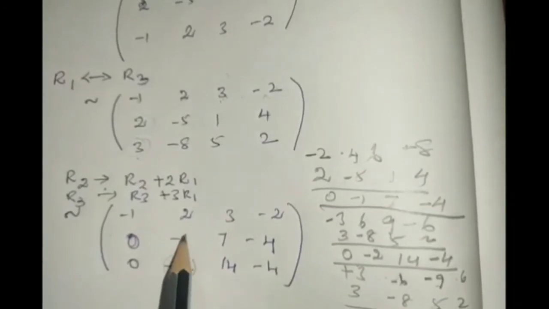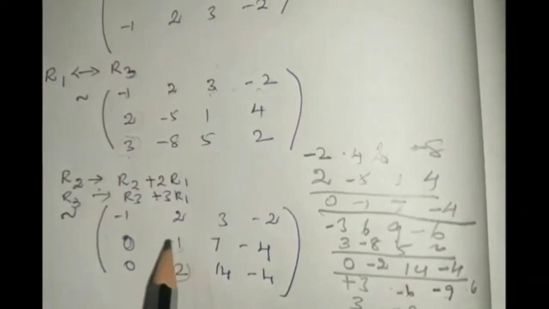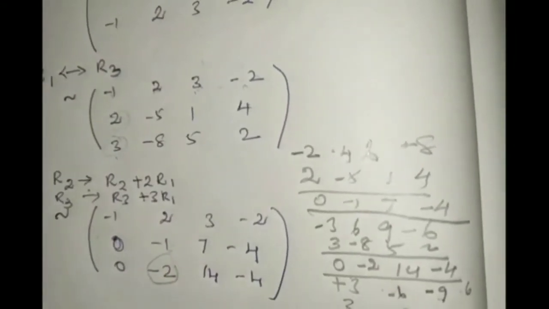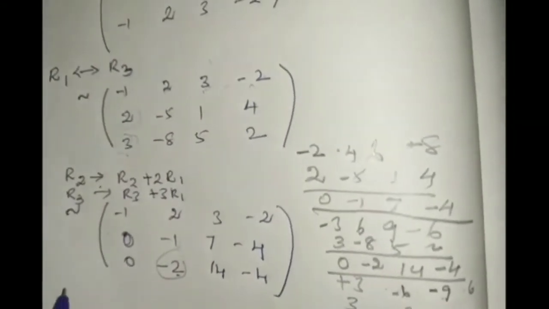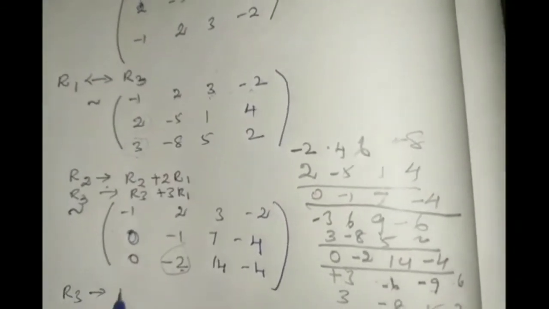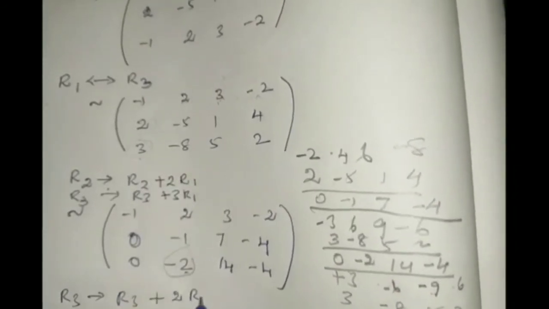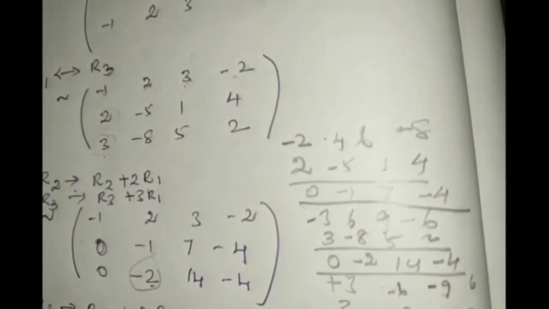Next I have to make this term 0. For that I have to look at the second row, second element. To make this element 0, I have to transform R3 as R3 plus 2 times R2.